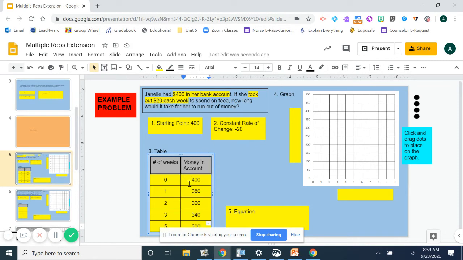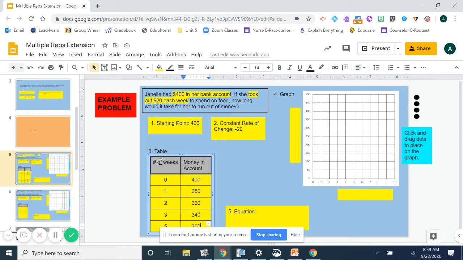Okay. So notice that in my table, I also use the starting point here, and I use that constant rate of change to tell me how much money I would be subtracting every single week. Next, I move on to the graph. Notice I have some blanks here. That's for you to decide what variable goes on which side.